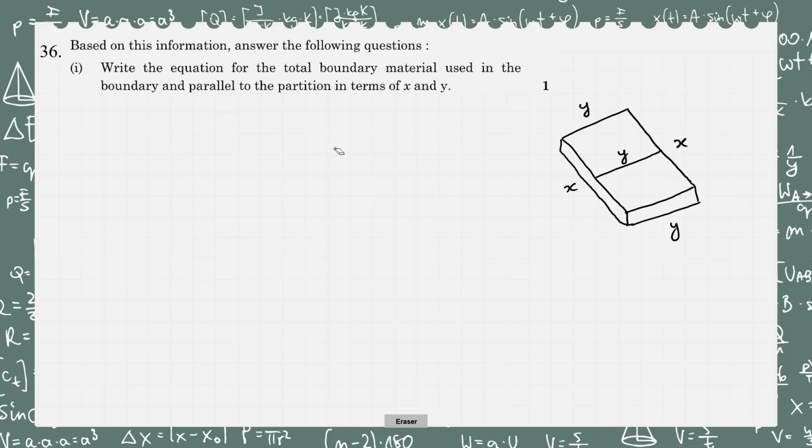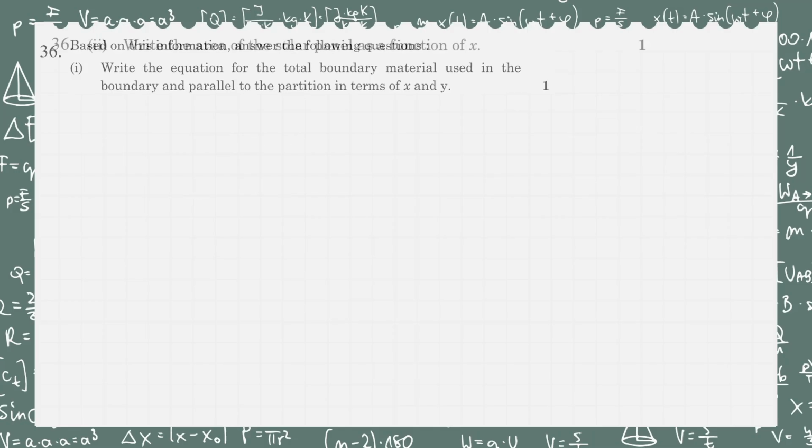For example, if we add all of them, x plus y plus x plus y plus y, that should be equal to 300 meters. Or else we can write it as 2x plus 3y equals 300. So this is the required equation for the total boundary material used in the panels.